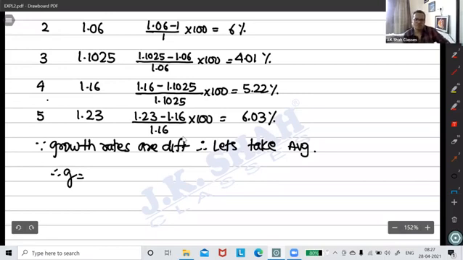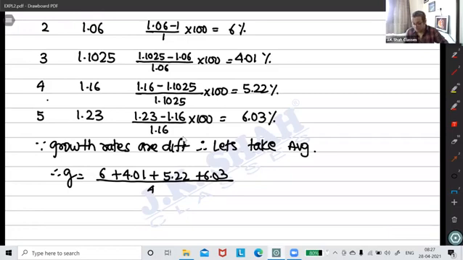Growth is equal to 6 plus 4.01 plus 5.22 plus 6.03, so 4 values, divided by 4, which is 5.315.